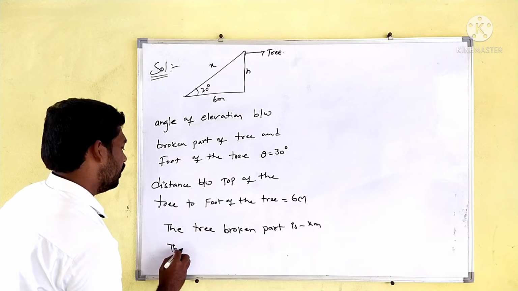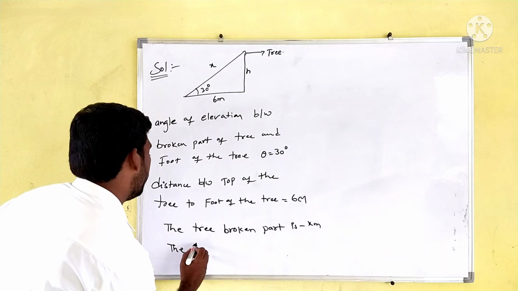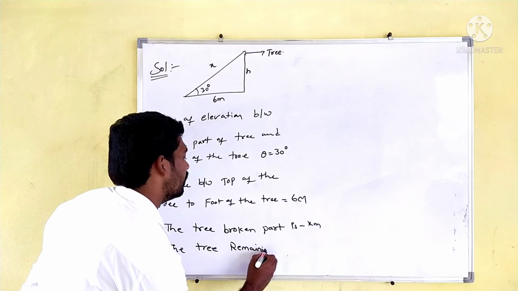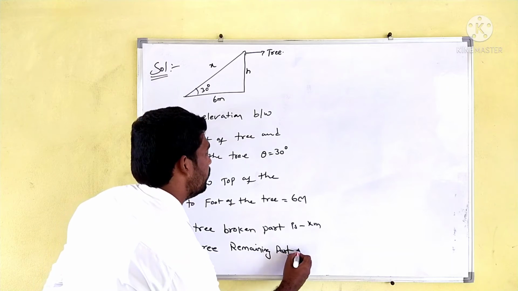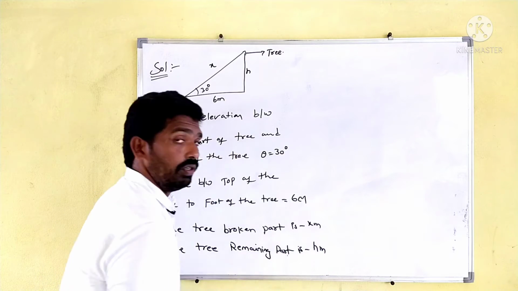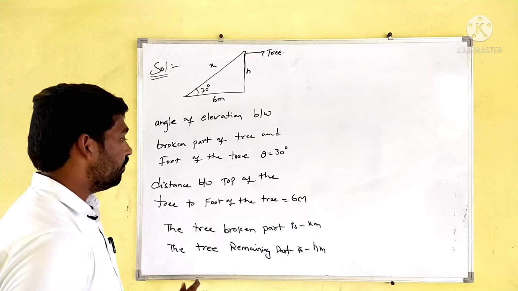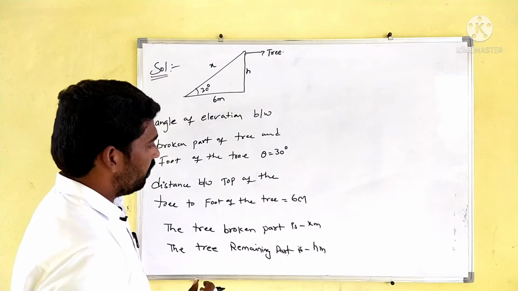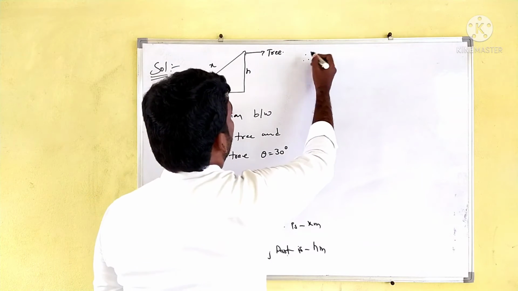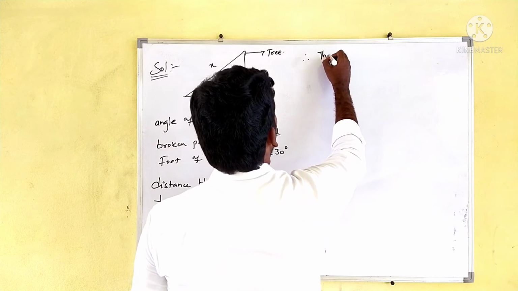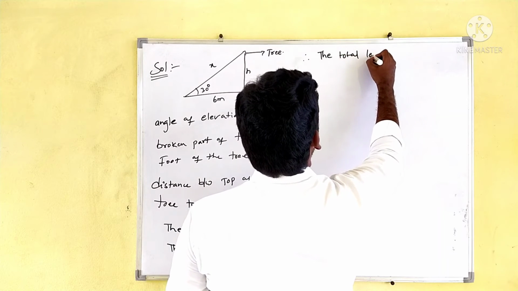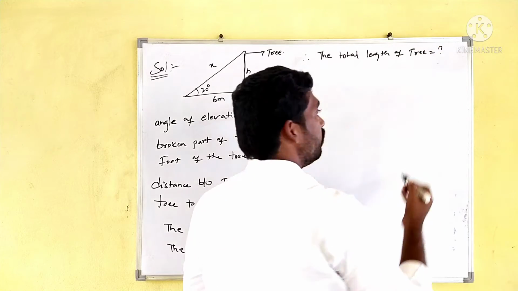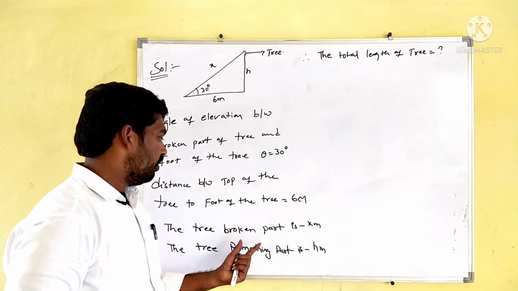The remaining part of the tree is h meters, we don't know. Here we need to find the length of the tree before it broke, the total length. To find it, add the broken part plus the remaining part.